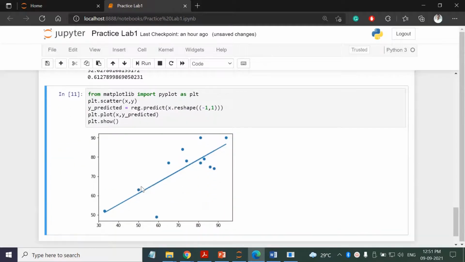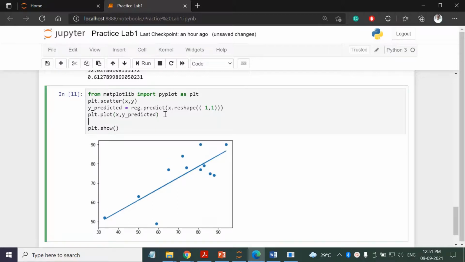So this is my regression line, and these are the sample points. I can add some graph elements here: plt.xlabel.